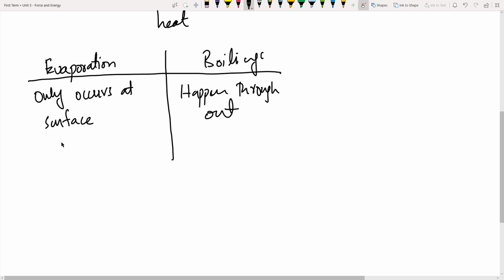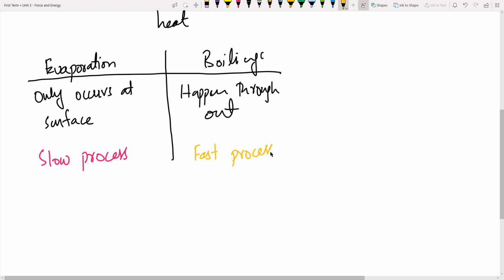Now when we talk about the rate, evaporation is a slow process. It takes a lot of time for a liquid to evaporate, especially depending on the ambient temperature outside. On the contrary, boiling is a fast process, right?